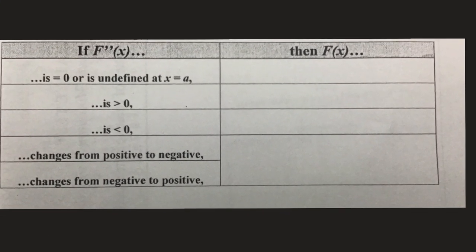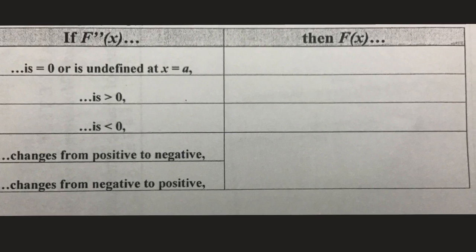So let's see if we can summarize some things about the second derivative. If the second derivative is 0, that means f has a point of inflection.